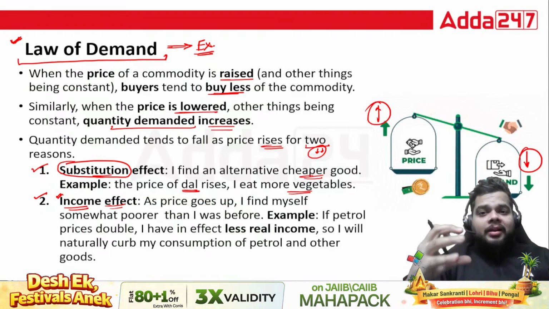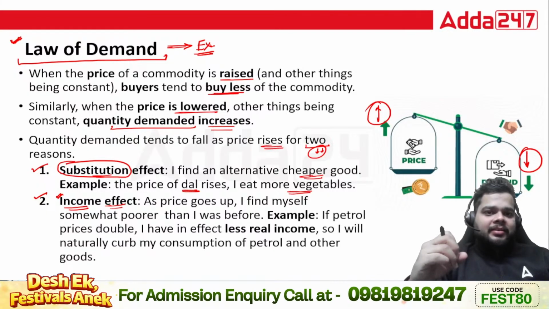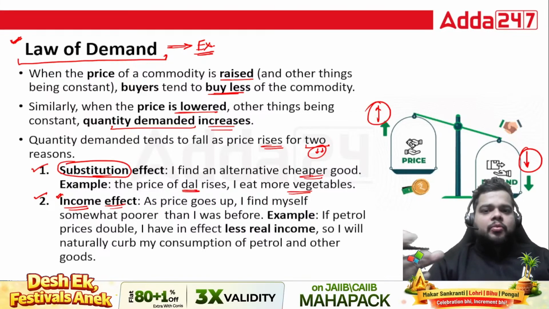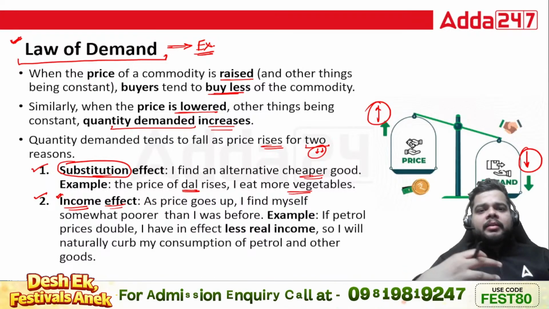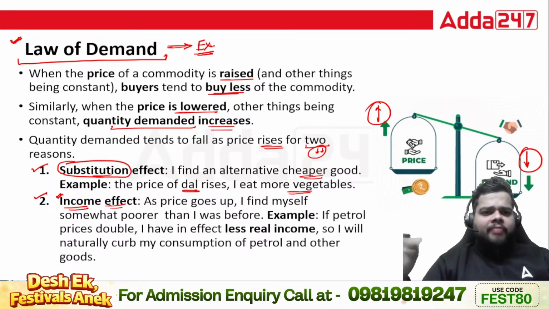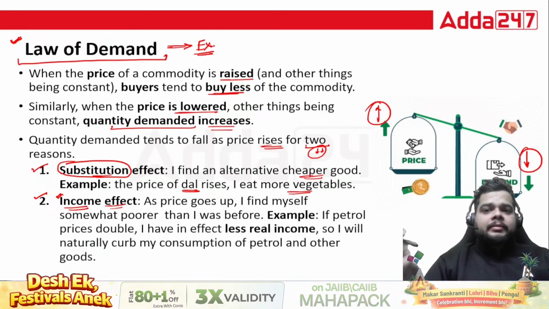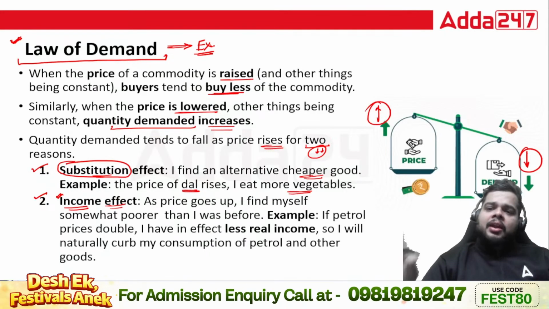You are trying to curb your expenses. You want to have a linear graph of your expenses, the expenditures you want to control. Okay? And whenever there is no dearth of income, you have infinite income, infinite wealth, nobody cares about the increased prices, right? So the income effect is the pushing factor, you can say, to switch to a cheaper good.